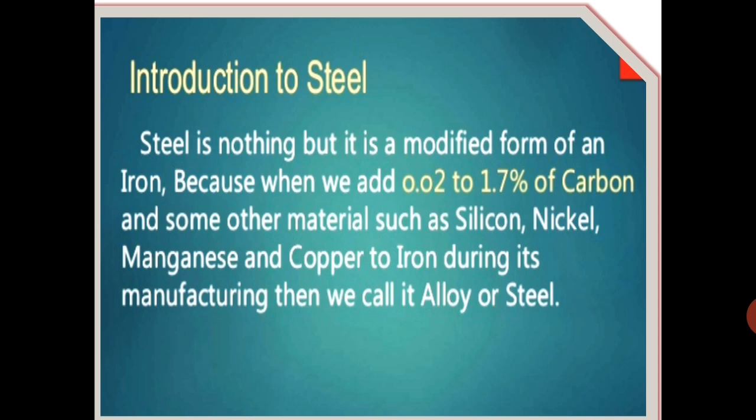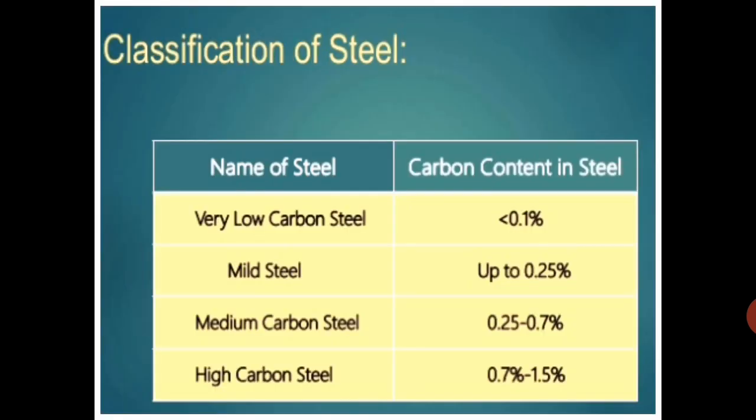Steel is nothing but a modified form of iron, because when we add 0.02 to 1.7% of carbon and some other materials such as silicon, nickel, manganese and copper to iron during its manufacturing, then we call it alloy or steel.